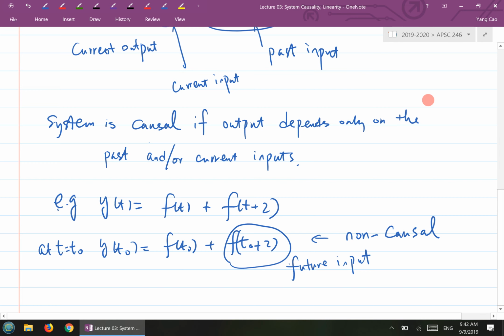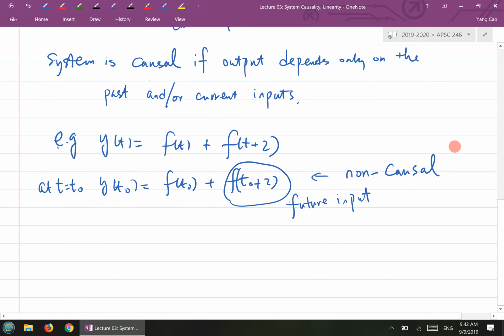Mathematically, you can definitely have an effect happen before the cause. The effect you can consider as an output, and the cause as input. So in reality, just remember, real systems are all causal, but we do sometimes see non-causal systems mathematically.